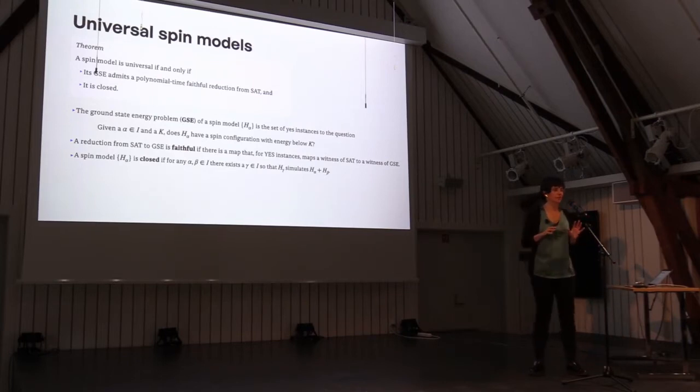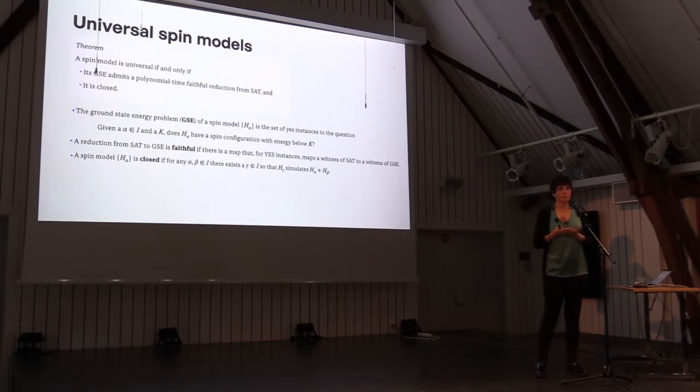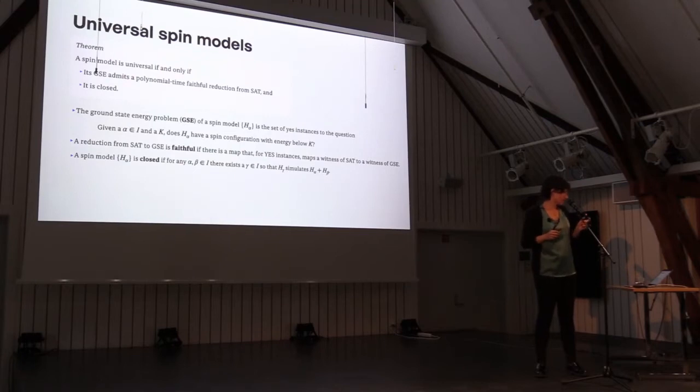I'm not being very careful about the domains, but the interesting thing is that the domains of H alpha and H beta may partially overlap and partially coincide. So it's not obvious that H alpha plus H beta need be in the model, but we say that the model is closed if there's a third one that can simulate it. So it's some sort of modularity condition on the family.